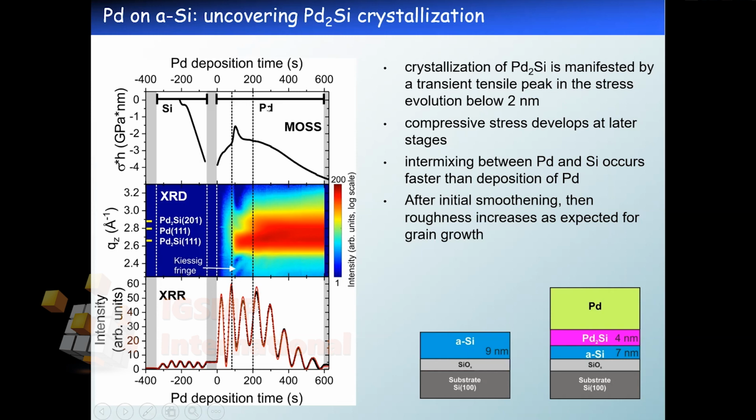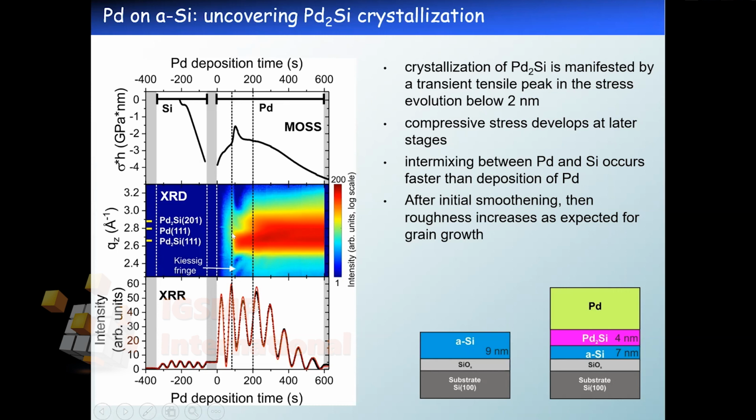When we start depositing the metal here, you can notice that initially there is no intensity change, and at some specific thickness, we observe an intensity increase, which is related to the crystallization of palladium silicide.